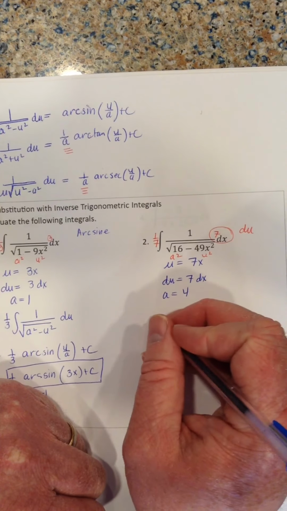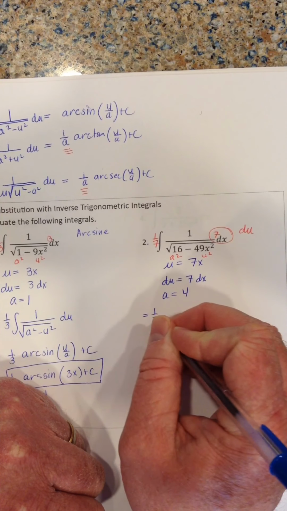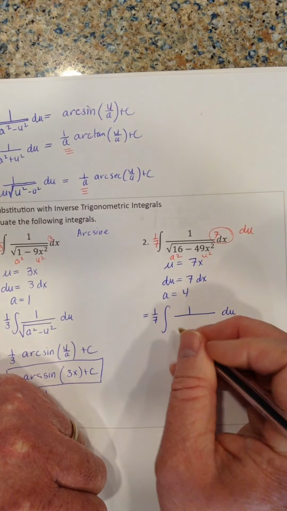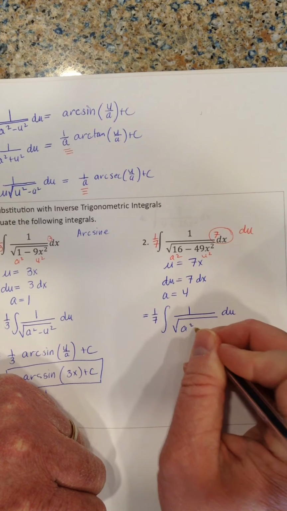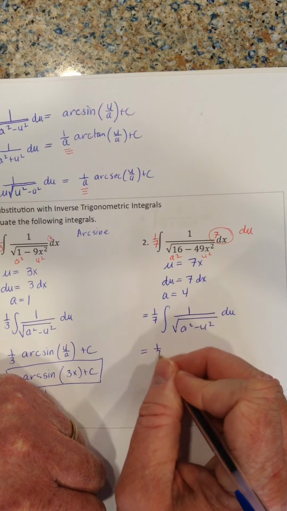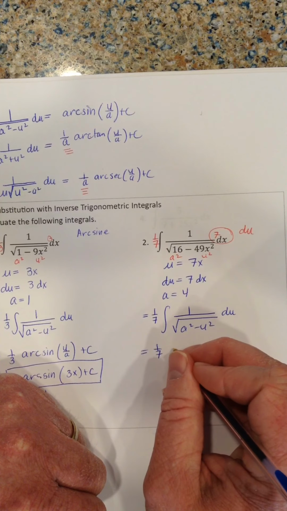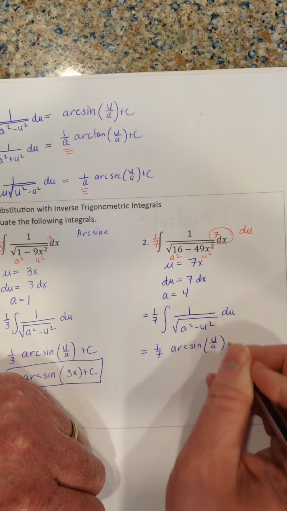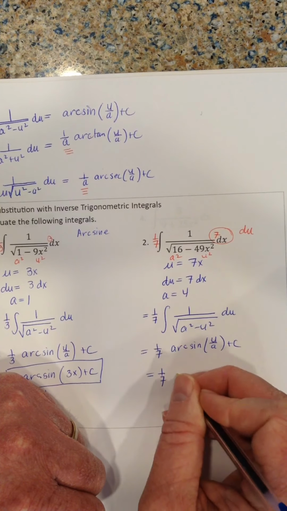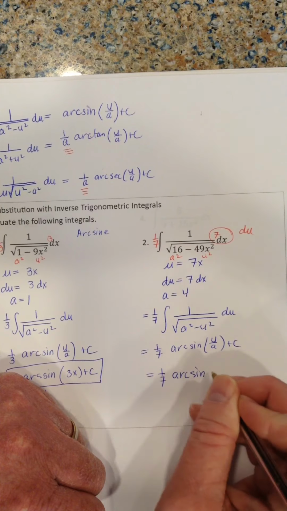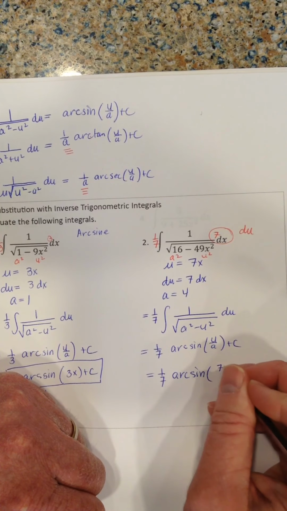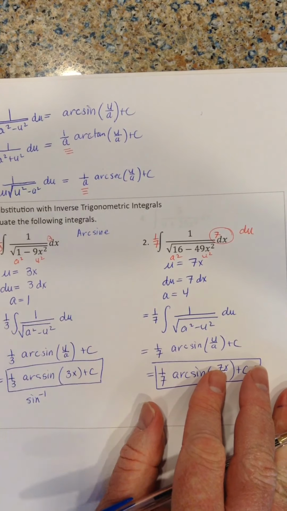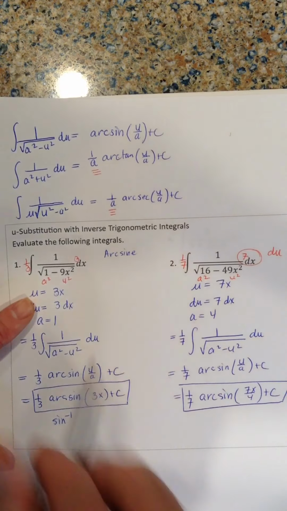So I get 1/7 integral du over the square root of a squared minus u squared, so I get 1/7 arc sine of u over a plus c, or 1/7 arc sine of 7x over 4 plus c. Okay, these rules are very important.